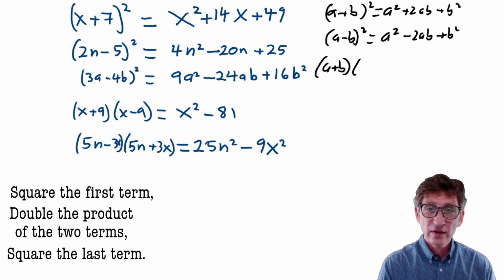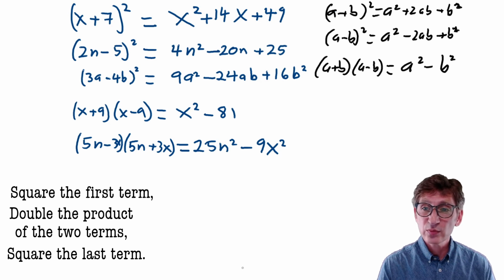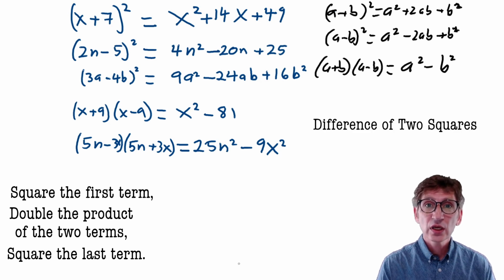And if I have a sum of two monomials times the difference of the two monomials, that's just square the first term minus the square of the last term. A squared minus b squared, and we call this the difference of two squares. These are the special products. Special products can easily be multiplied with these patterns.